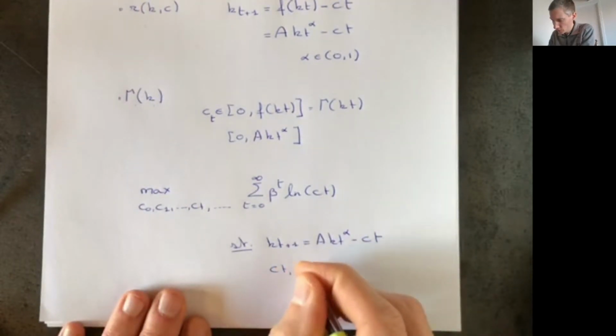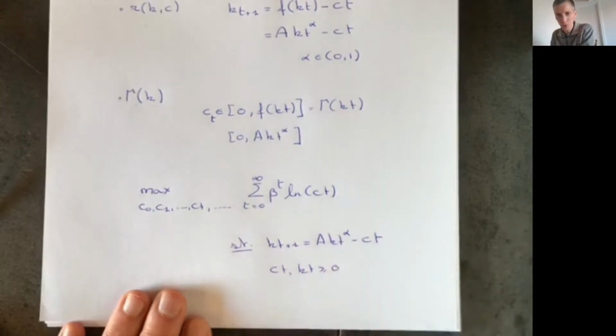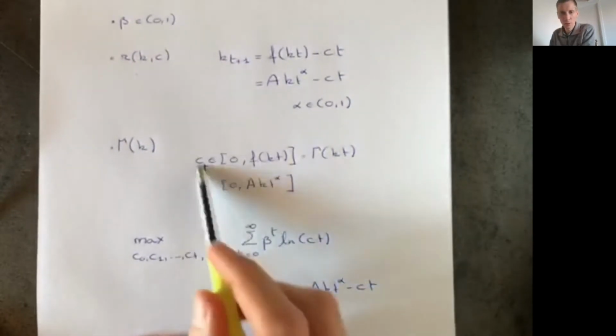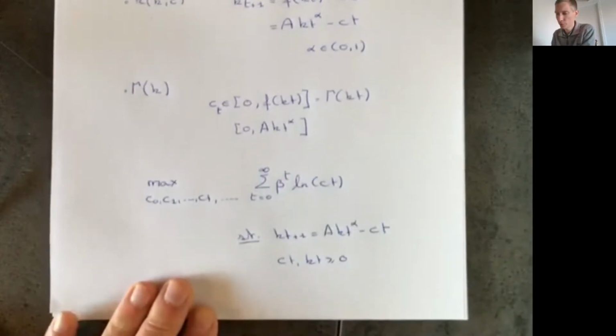You need that kt is greater or equal to 0, right? And this immediately imposes this constraint, so you don't need to impose it separately.